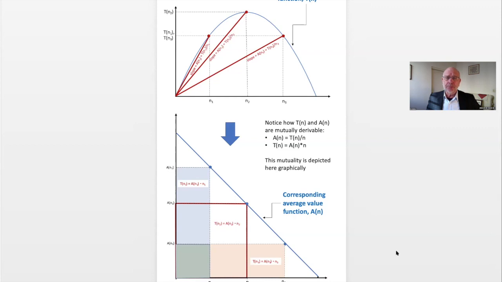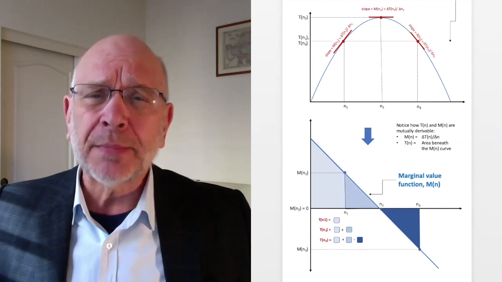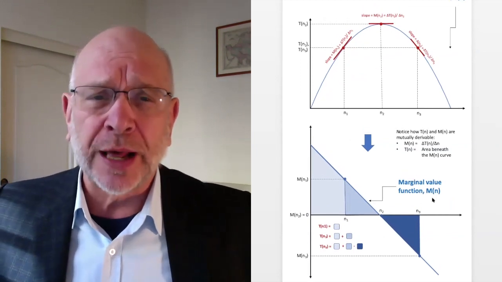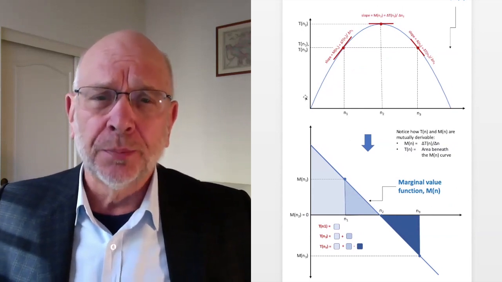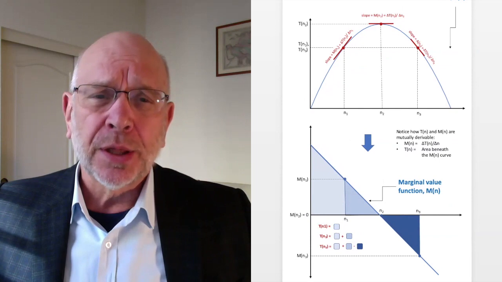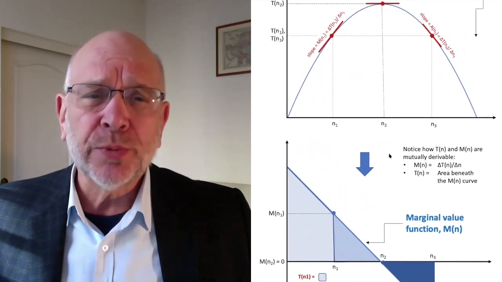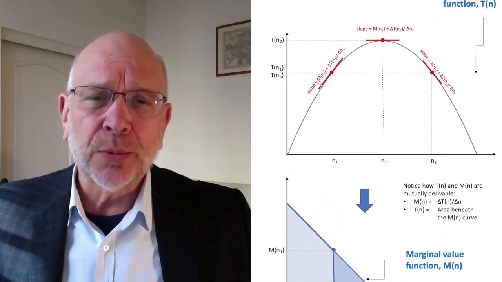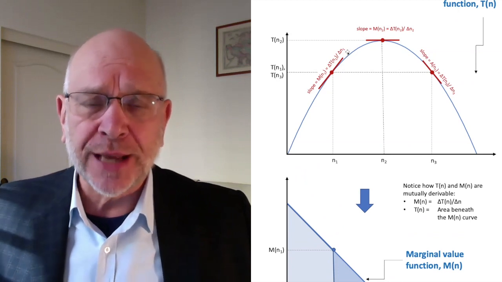But now we can apply the same kind of thinking to introduce this idea of a marginal value function. So we've got the same total value function here, but the definition of the marginal value function is really the change at any point, the rate of change, which is really given by the slope of the tangent at that point.